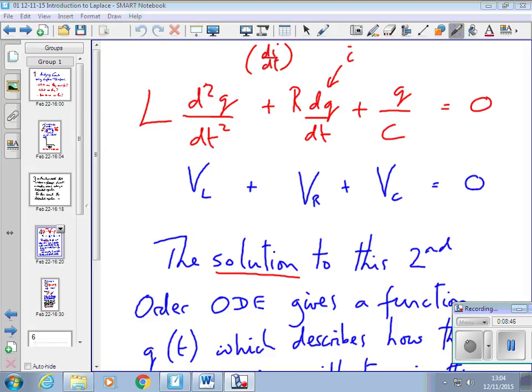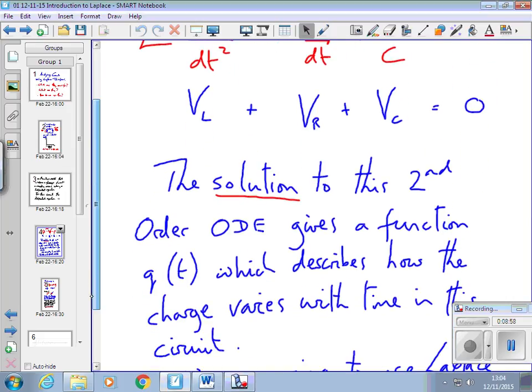We're going to be looking at other ways of solving differential equations like this, but we're going to focus on the Laplace way of doing it. I'm not going to do it now, because that's for later.